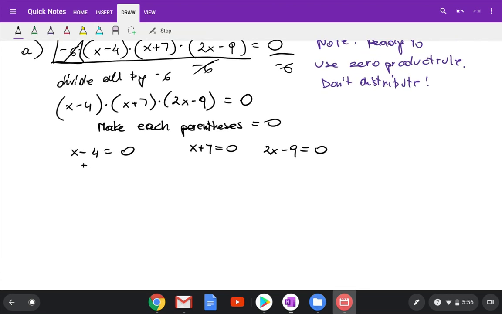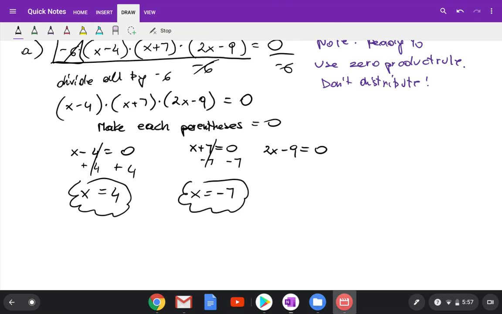We solve the first equation for x by adding 4, getting x equals 4. That's the first solution. For the second equation, subtract 7, so x equals negative 7. That's the second solution. For the next one, add 9 to both sides to get 2x equals 9. Divide by 2, and we get x equals 4.5, or just leave it as 9 over 2.